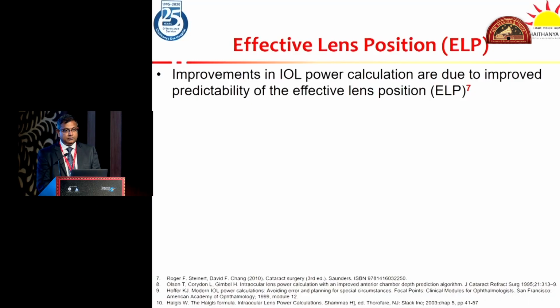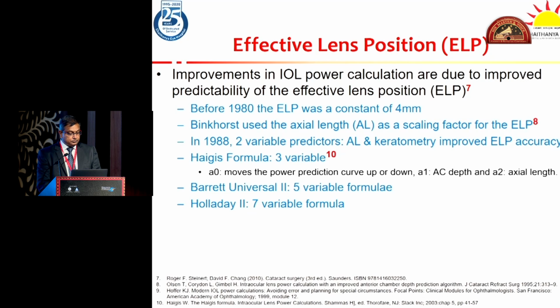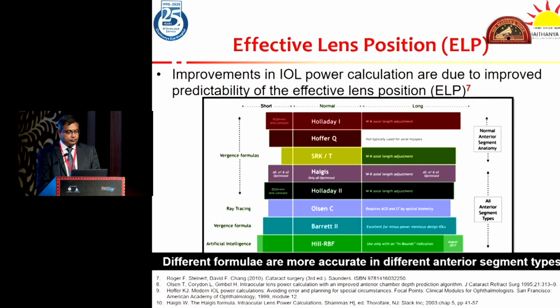Improvements in IOL power calculations in recent years have been primarily due to the improved predictability of the effective lens position. As a result, many formulae are available, and the newer formulae are more accurate in the different anterior segment types.